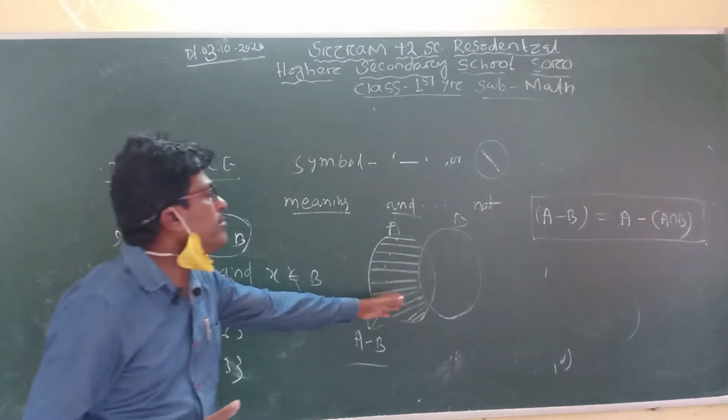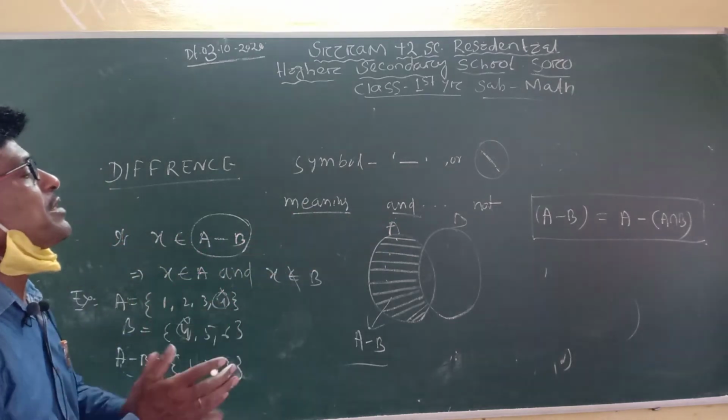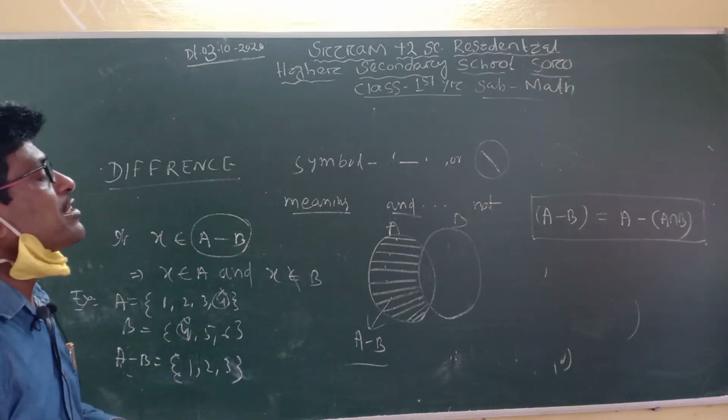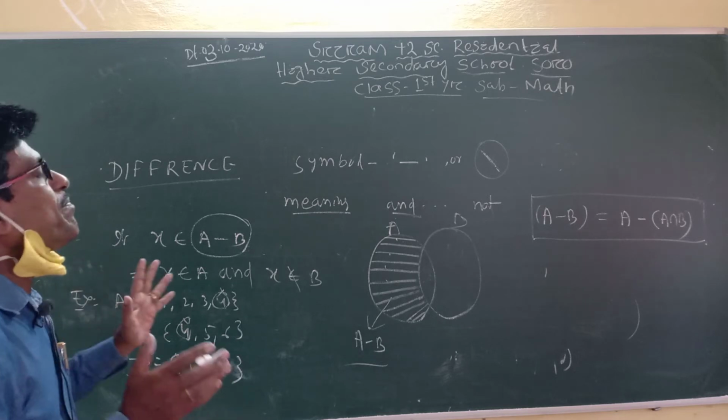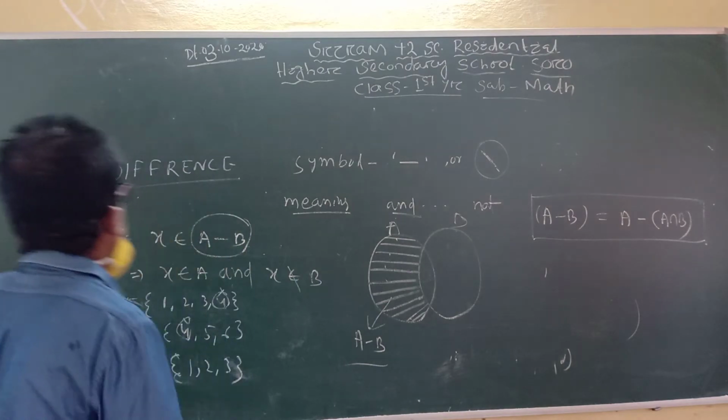That is the Venn diagram, and A difference B can also be expressed as A difference A intersection B. Now I am going to tell about the properties of the difference.